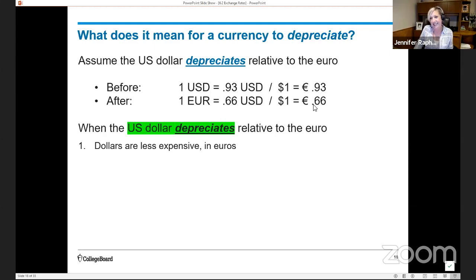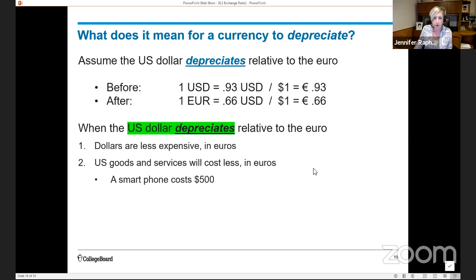Here we can look at this side where the symbols are correct. $1 per 0.93 euro, $1 now for 0.66 euro. It takes fewer euros to buy each dollar than it did before. So what that means is dollars are cheaper in euros. Dollars are less expensive in euros. That means that US goods and services will cost less in euros than they did before.